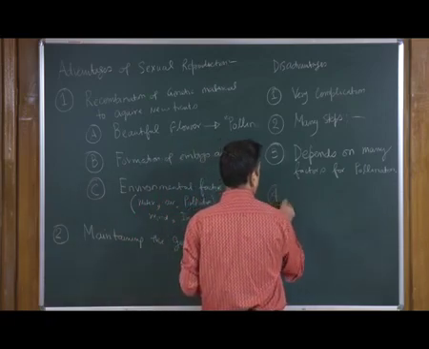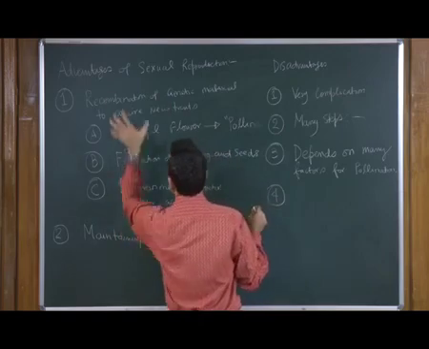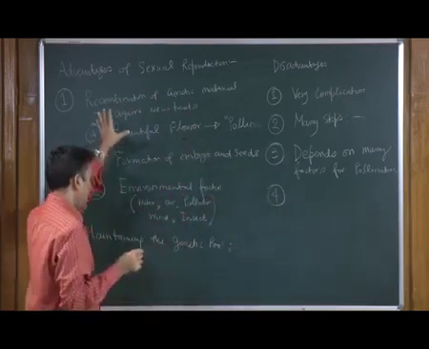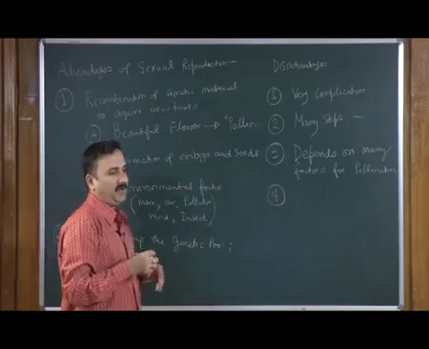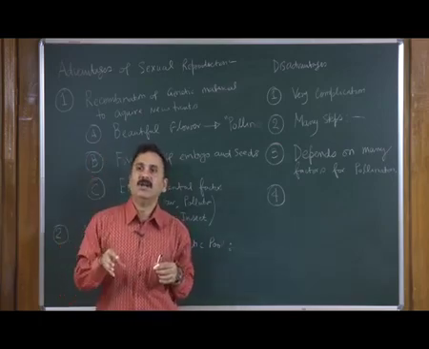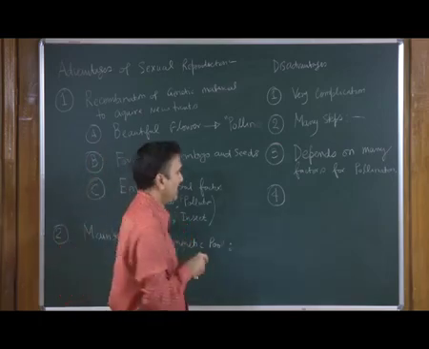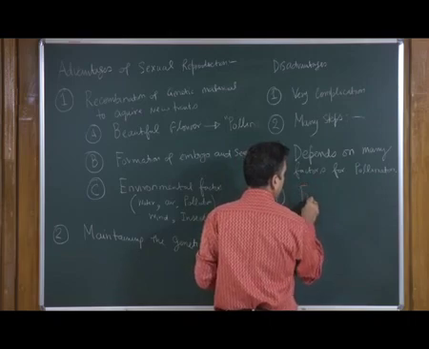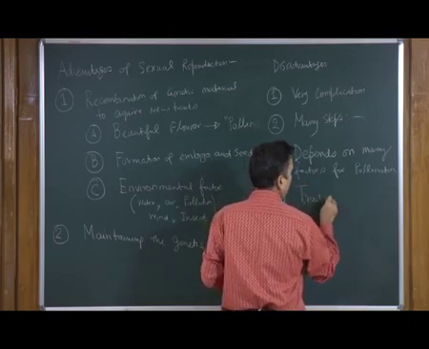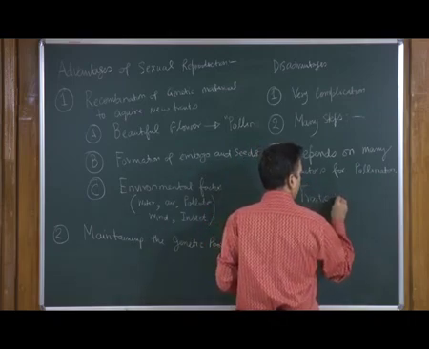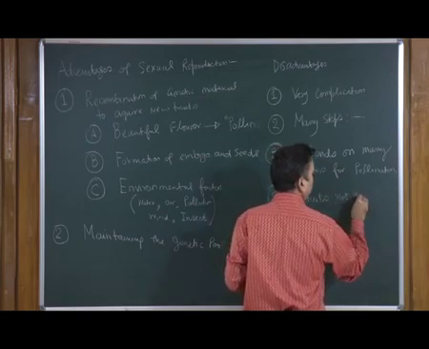Number 4, as we said, these are good advantages, that they are acquiring resistance or acquiring traits which are good for the plant, but they can also acquire traits which are not good for the plant.